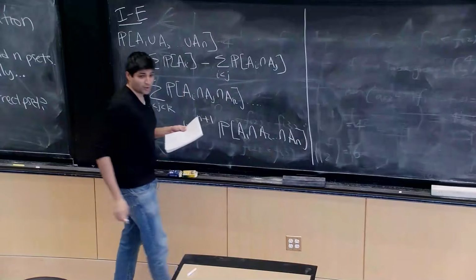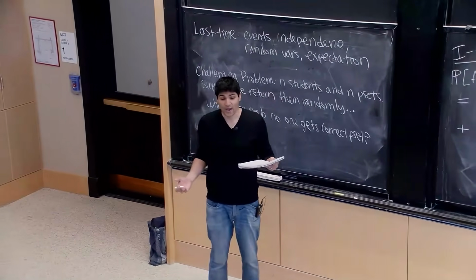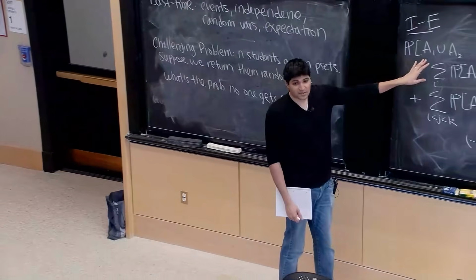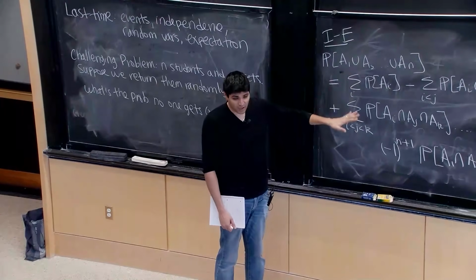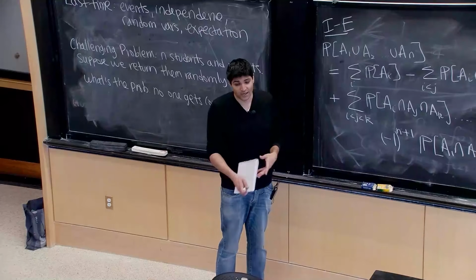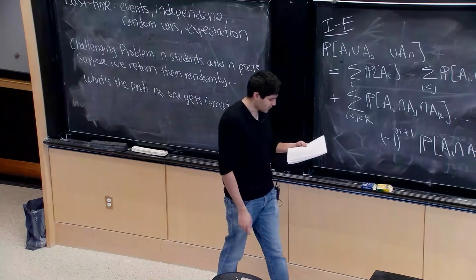So that's the inclusion-exclusion formula. It takes a little bit to wrap your head around it, but it's very natural. It's really just this approach of successively approximating what the probability of this is by over and then under and then over and under counting until you hone in on what the correct probability is. And all of this holds in general with no assumptions.